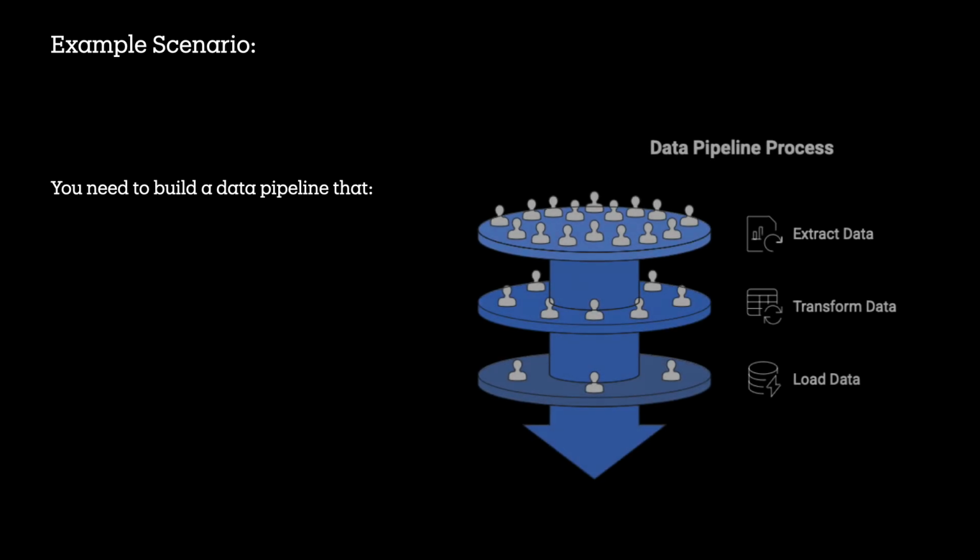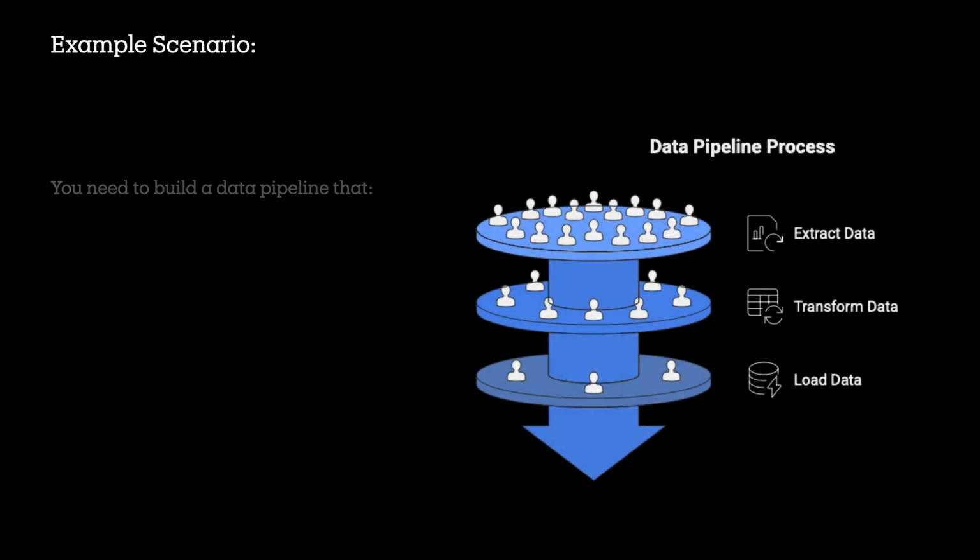Let's see one of the examples where we will be using Apache Airflow DAGs to implement. So you need to build a data pipeline that has three steps. One is extraction, second is transformation, and then third is loading the data, as in this diagram.